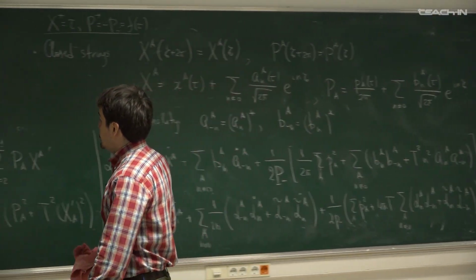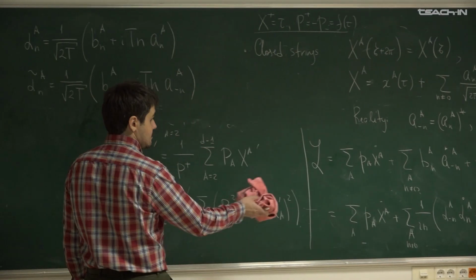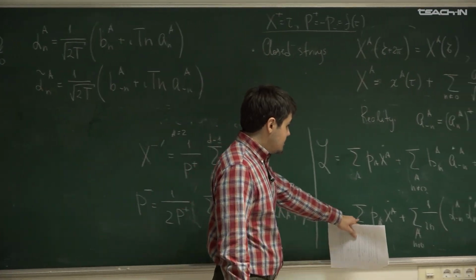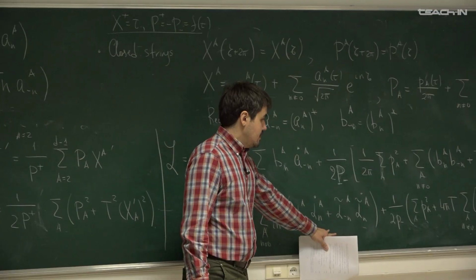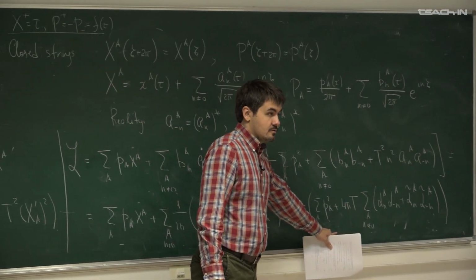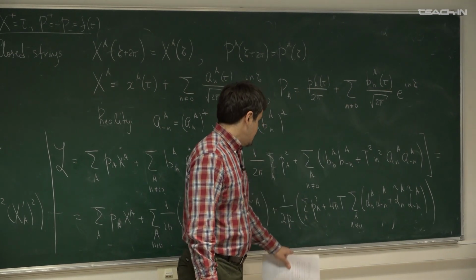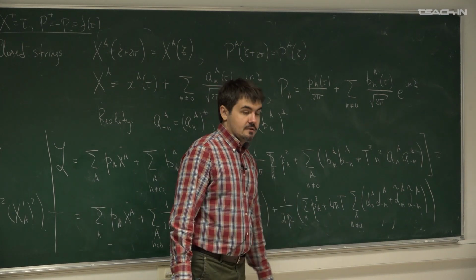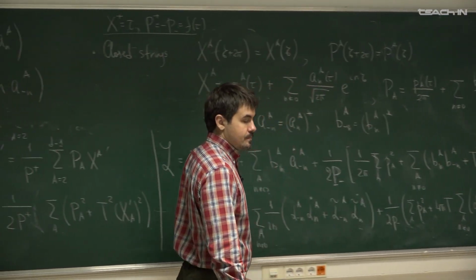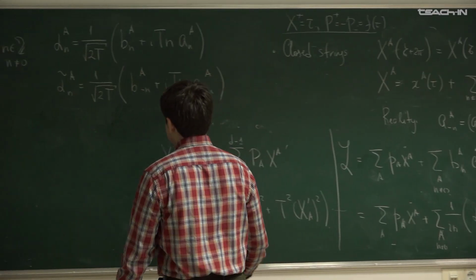And this is manifestly diagonal. So this is now the kinetic piece, right? And this is minus the Hamiltonian. So this is the Hamiltonian in the p, x, alpha, alpha tilde variables, right?